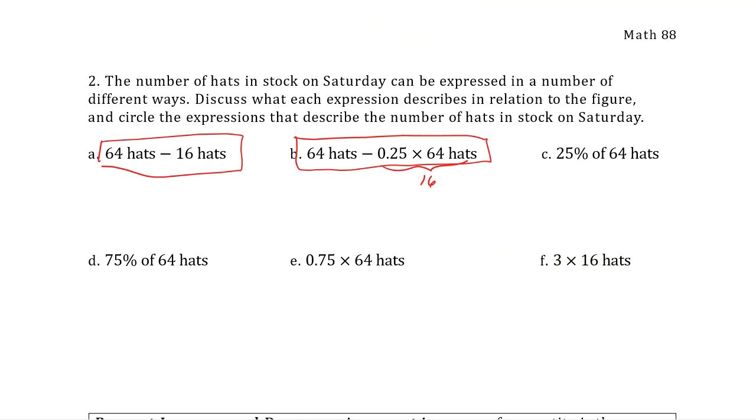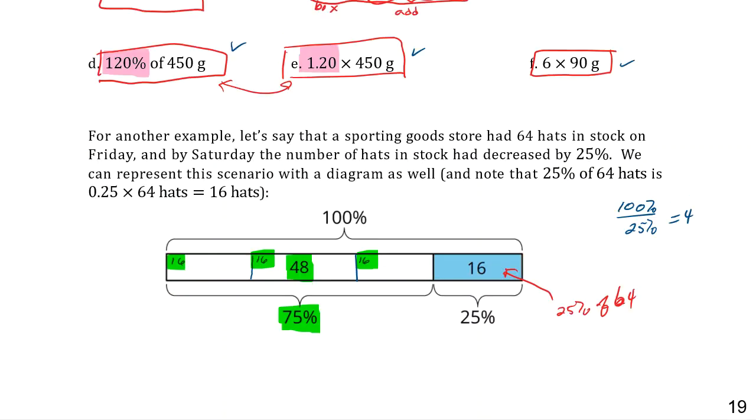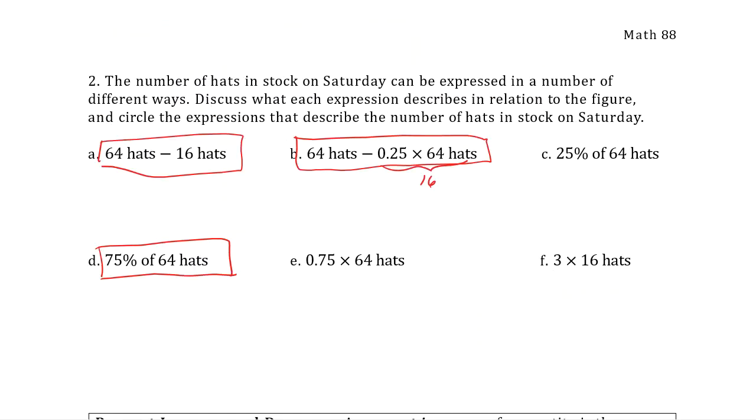All right, how about 75% of 64 hats? Yeah, that's going to work. That's what we have left. We lost 25%. We have 75% left. It's kind of the glass is half full way to think about it. How about E? That's basically just D, where the 75% is written as its decimal equivalent of 0.75.